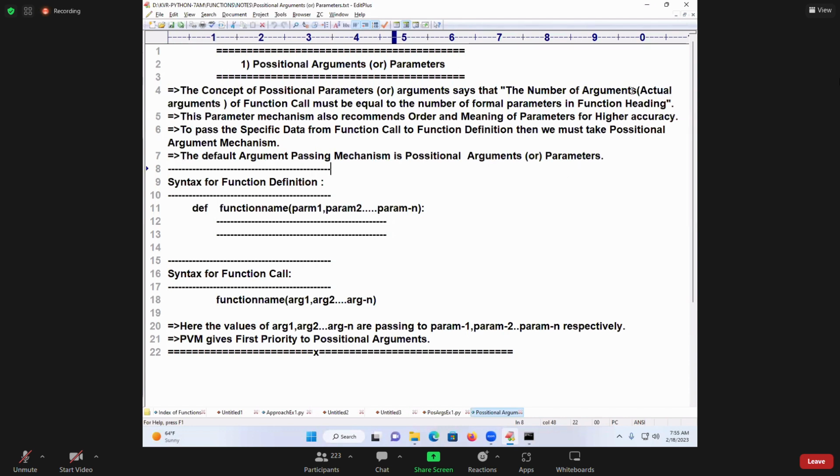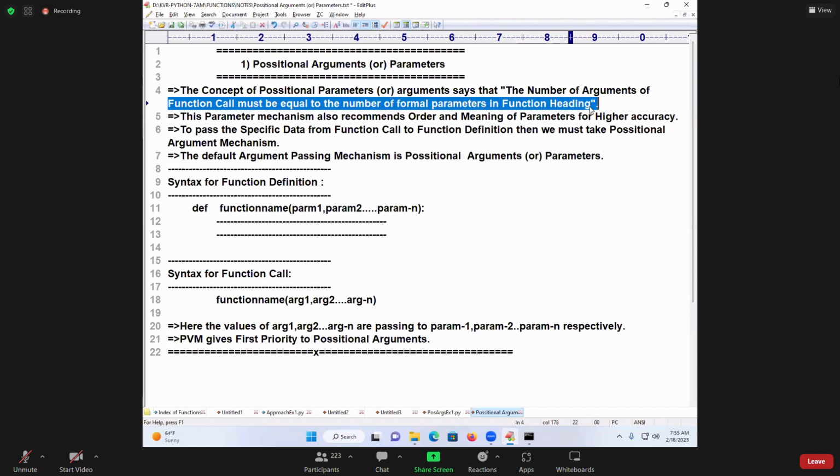Actually, we should not call them actual arguments, because for any C language students, I might have written that term at that time. We should not write that word. The number of arguments in the function call must be equal to the number of formal parameters in the function heading.